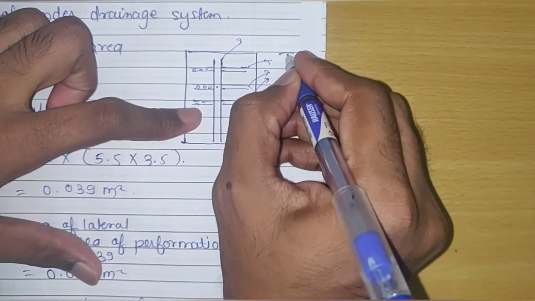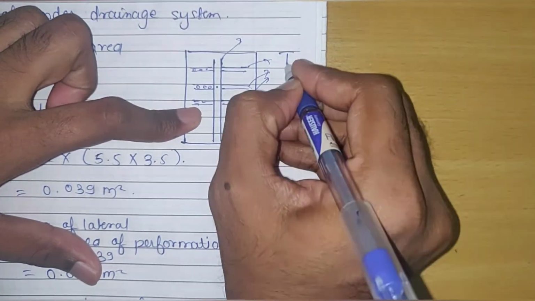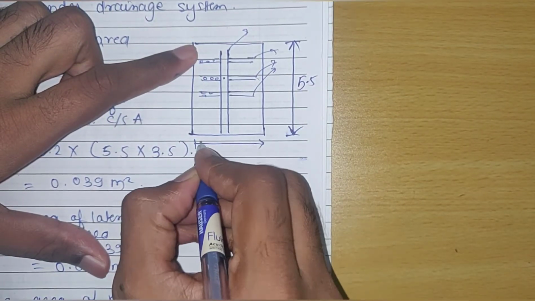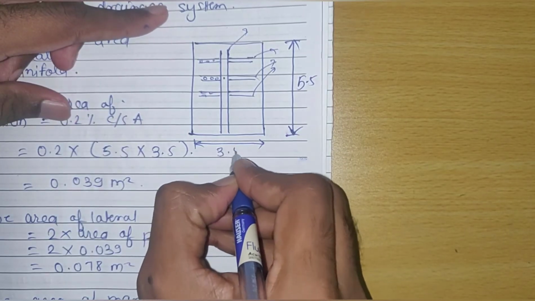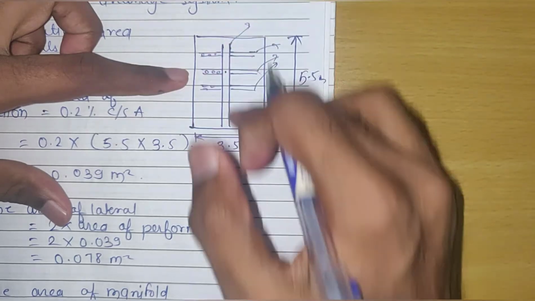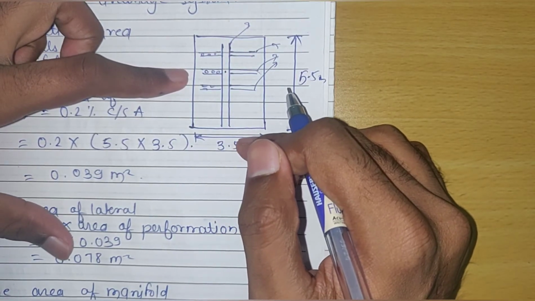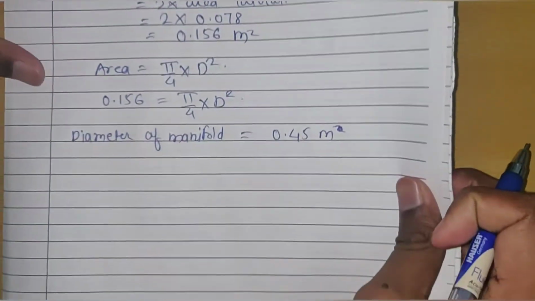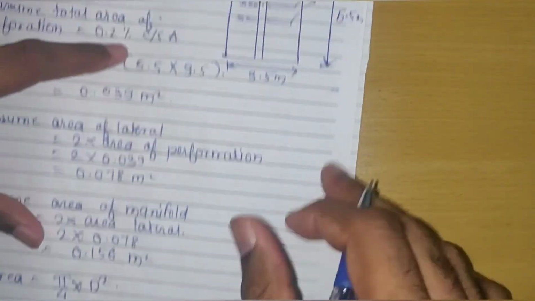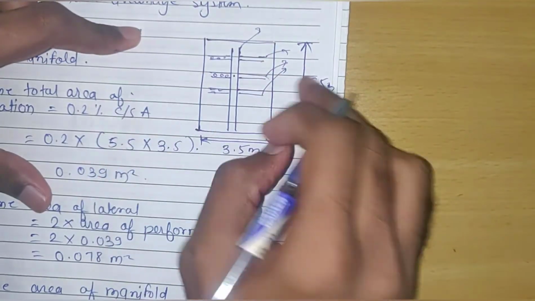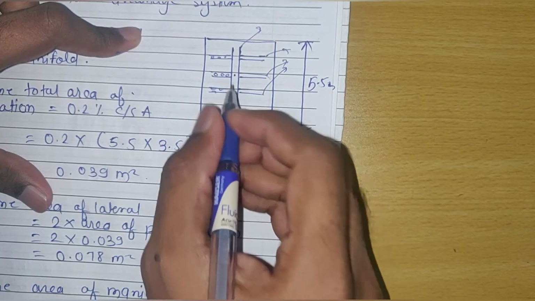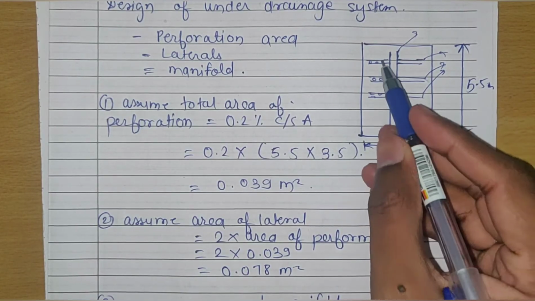Suppose this is the length, and the value of length is 5.5, and this is the breadth, and the value of breadth is 3.5 meter. So provide the manifold of diameter 0.45 meter along the length. Now assume the laterals are placed parallel to the width of the rapid sand filter, and they are placed at some distance from each other.